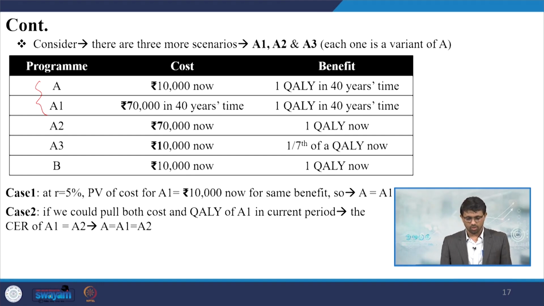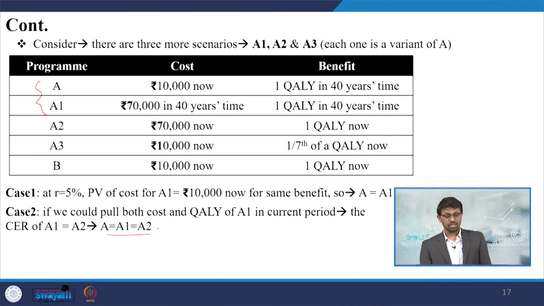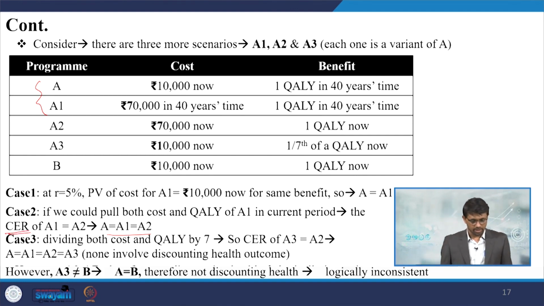Now, you can see as a ratio A1 equals A2. So, all are actually equal now, A equals A1 equals A2. If you remember, we have already explained the cost effective ratio. So, that way these are actually equal, A1 and A2.